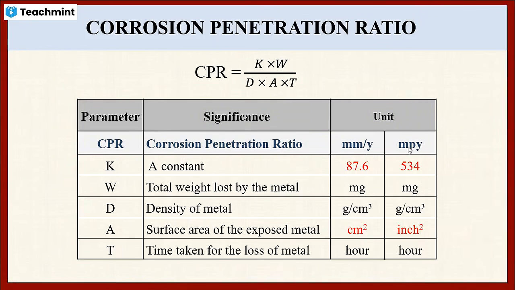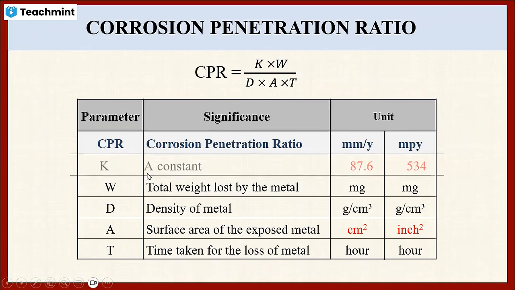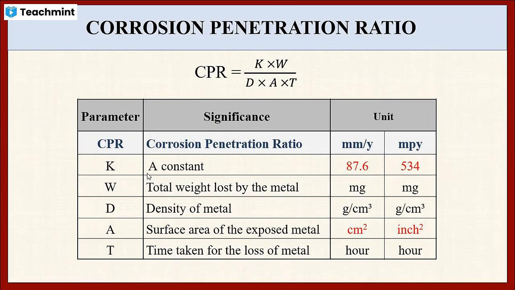T is the time taken for the loss of metal, which is indicated in hours for both MMY as well as MPY. So in this table, we can see that only two parameters have different units. One is K and another one is A, that is surface area of the exposed metal. And all the rest of the parameters have the same unit for both MMY as well as MPY.